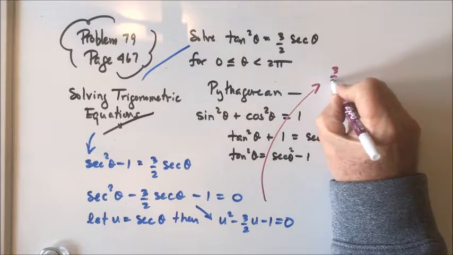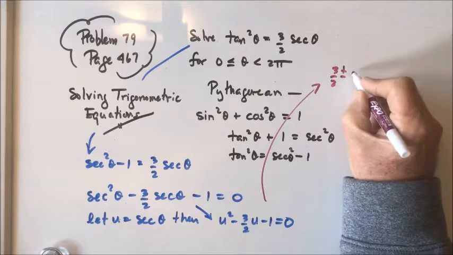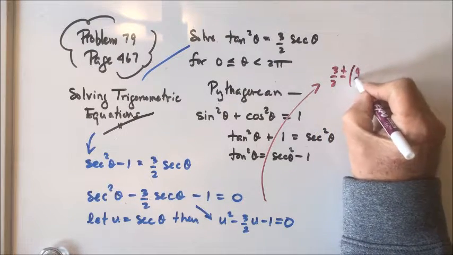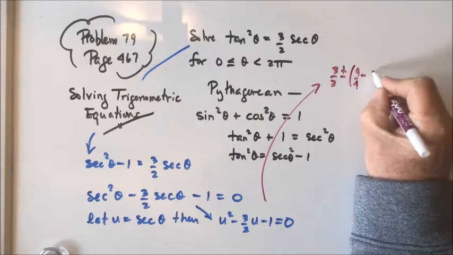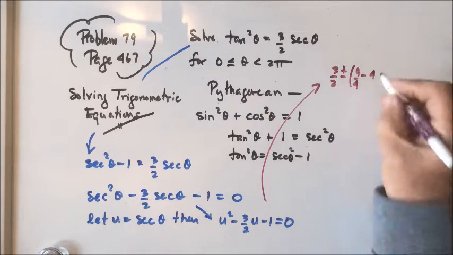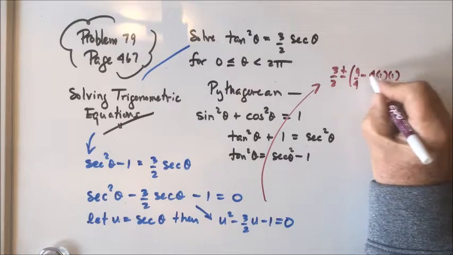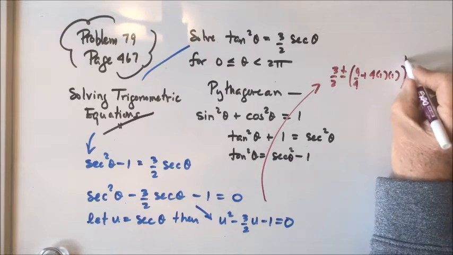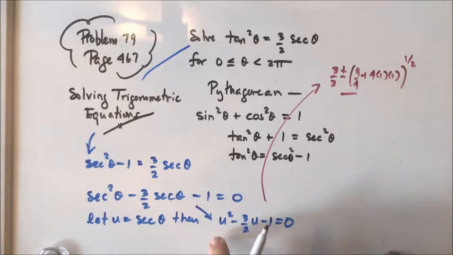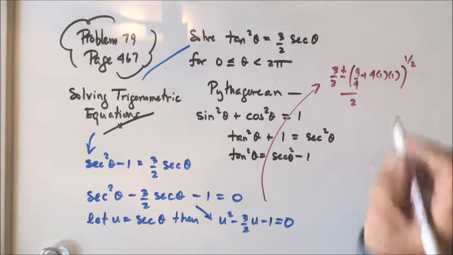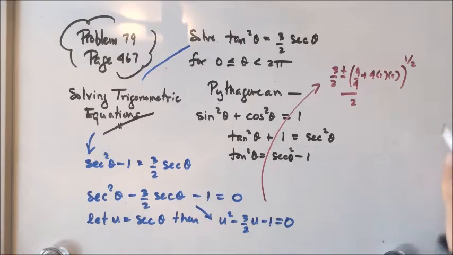Opposite of b plus or minus the square root of b squared, 9/4, minus 4 times a times c, which is a minus 1. Good, this is all good. Take the square root, divide by 2a. Let me just do this in my head.